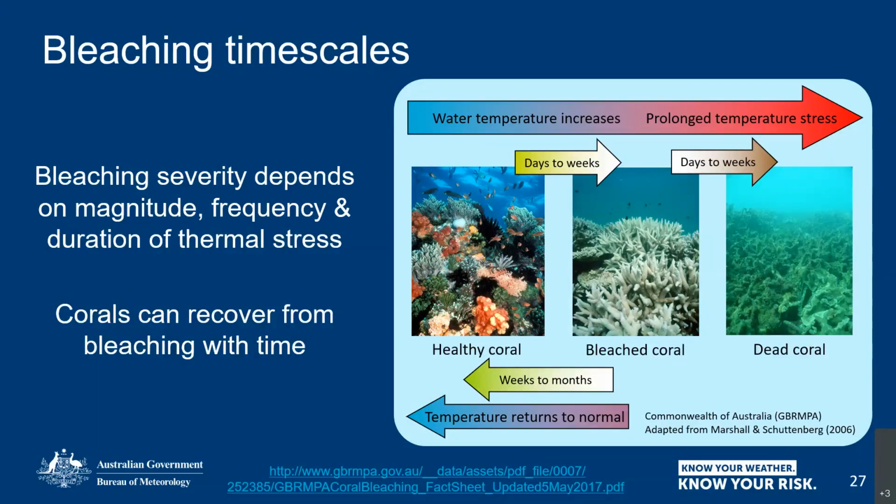When this elevated temperature stretches on to months to several months, that's when it can be a problem for the coral. And that's when bleaching is likely to occur. And if this event goes on too long at a significant magnitude, or it occurs in frequent succession, so we have a bleaching event, and then before the coral is completely recovered, we have another event, these can all be quite detrimental to the reefs.